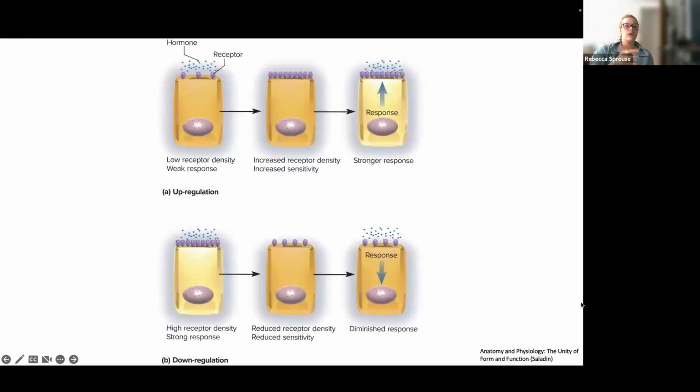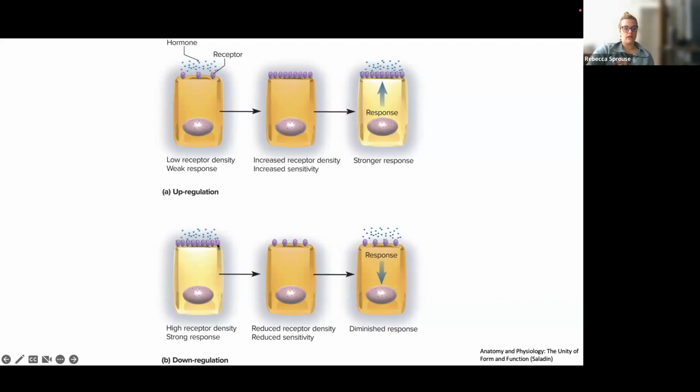Okay, so here's just a good image of this. So upregulation, here we have a ton of hormone in the bloodstream, but we only have 3 receptors that are available. And so what our body is going to do is upregulate. And so we have multiple receptors that are available for all of that hormone to bind to. And therefore, that's going to increase your sensitivity to that hormone. Downregulation is the opposite.